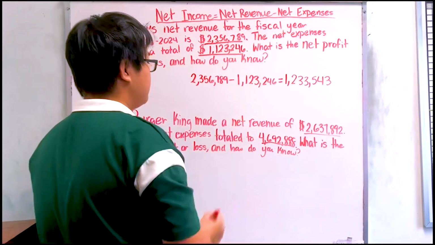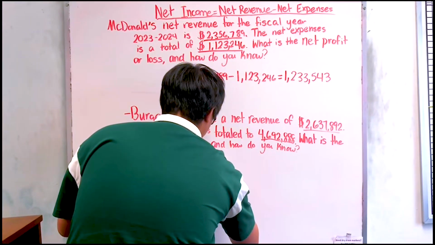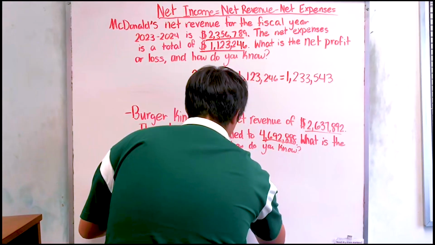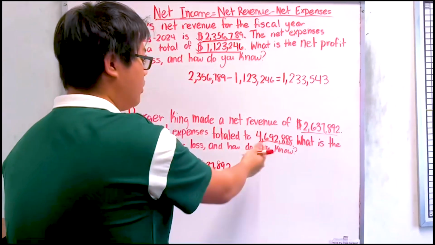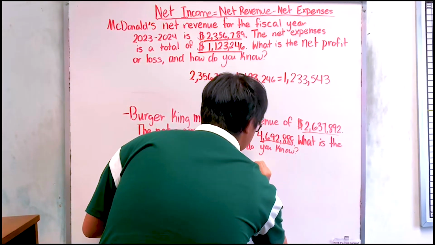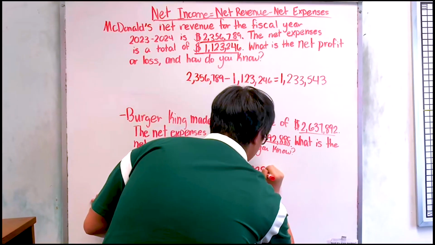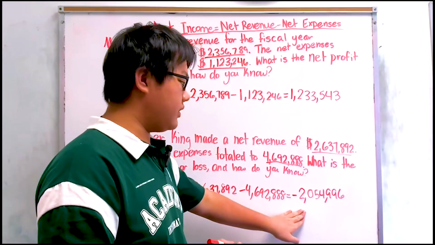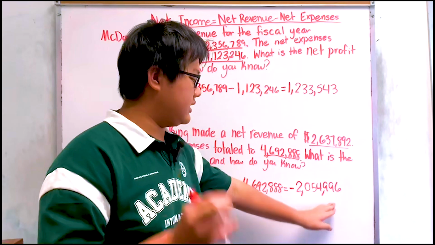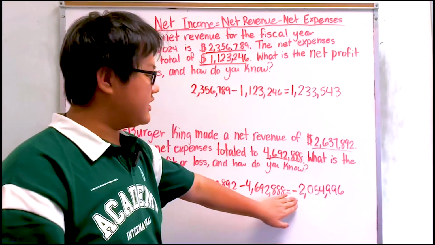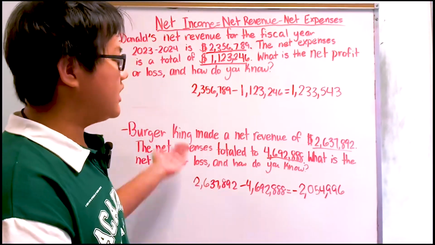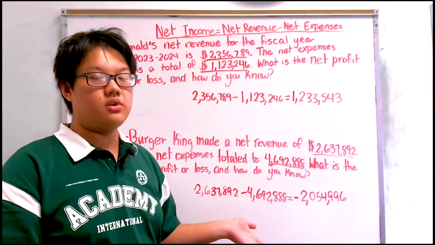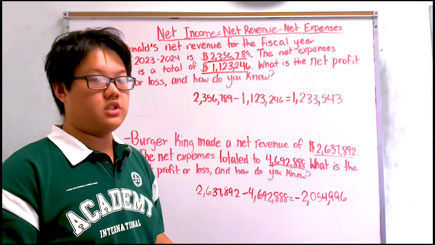So using our equation, we use the net revenue of $2,637,892 minus our net expenses of $4,692,888. And our result will be negative $2,054,996. Since this is negative, we know we have a net loss. Of course, these are all made up numbers and are not representative of real life situations.